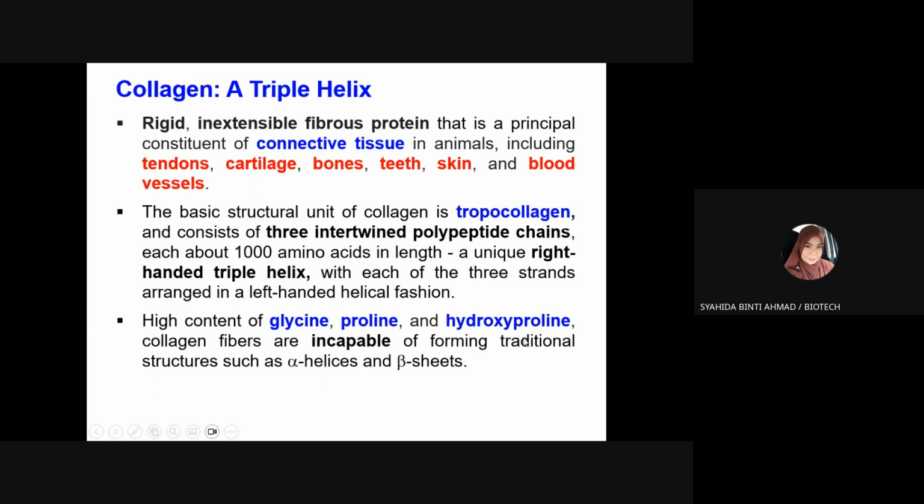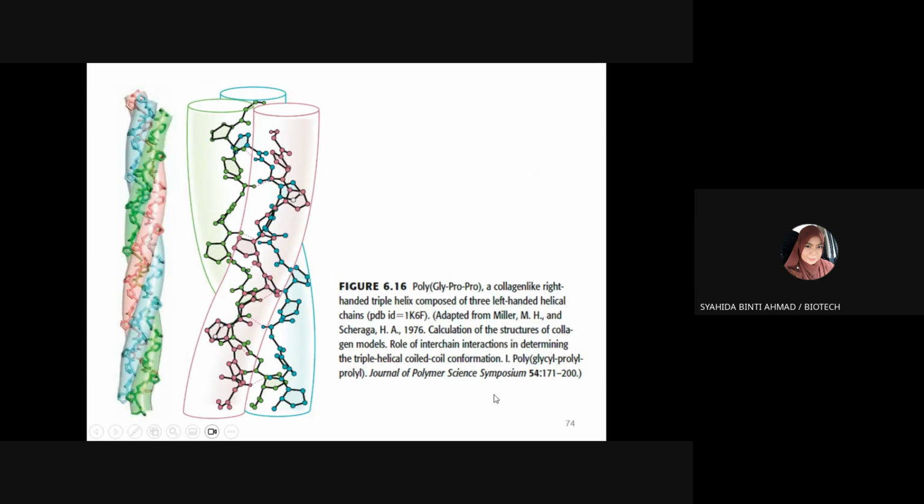The sequence which makes these collagen fibers is incapable of forming traditional alpha helix or beta sheets, right? So what does it mean? When there is a sequence of polyglycine, proline and hydroxyproline, it tends to become a sequence like an alpha helix, right?